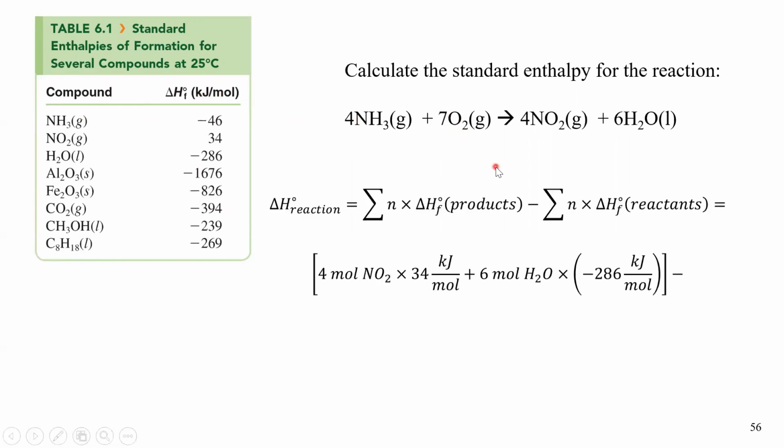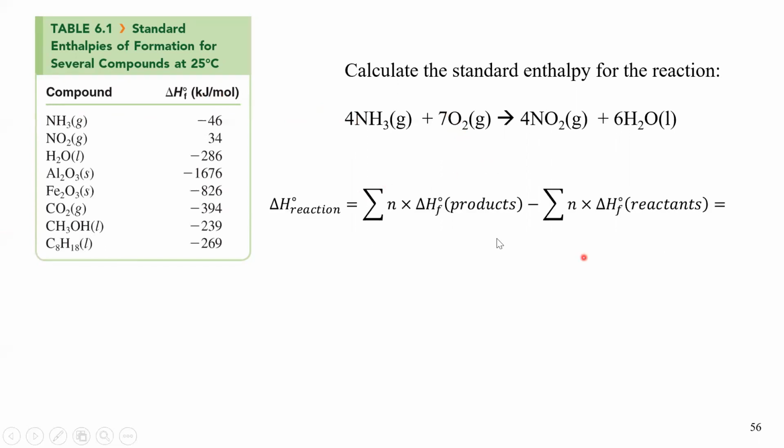So we're going to start by writing our equation. So the enthalpy of reaction for this reaction is the sum of the enthalpy of formations of our products minus the sum of the enthalpy of formation for our reactants. So let's start with the product side first.